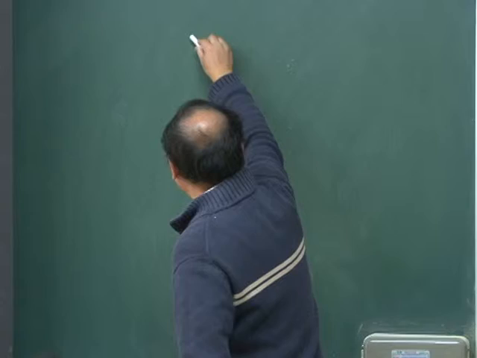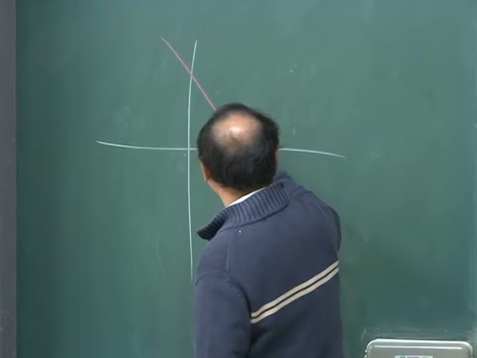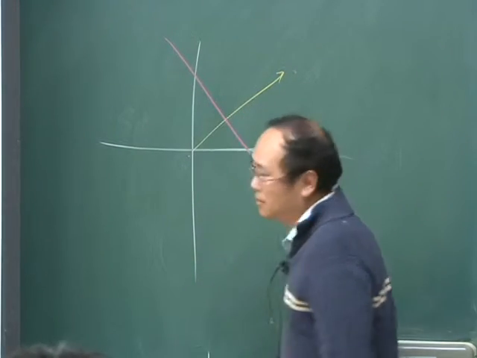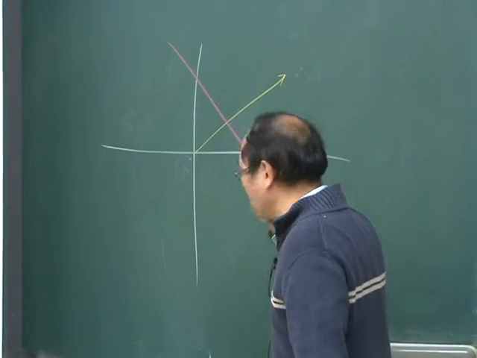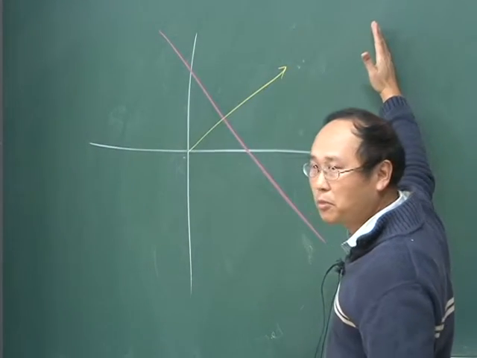Suppose you have a coordinate system like this, and then you have a plane propagating along this direction. Okay, imagine that this is the XYZ coordinate system, and then you propagate a plane along some arbitrary direction.